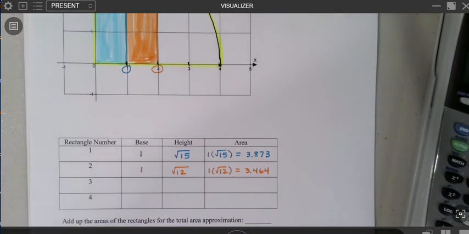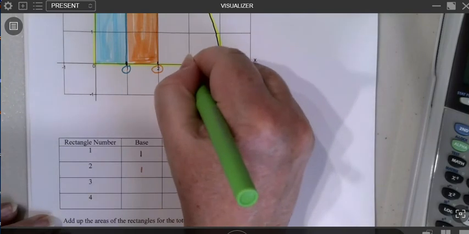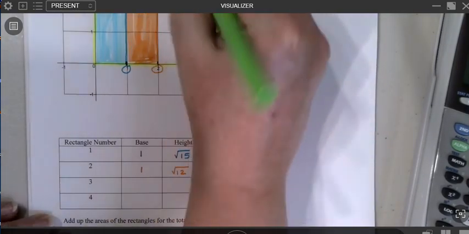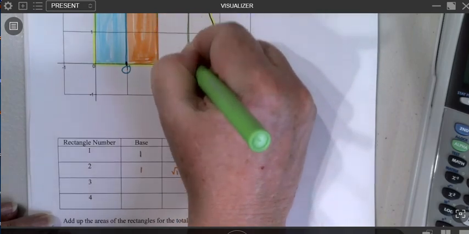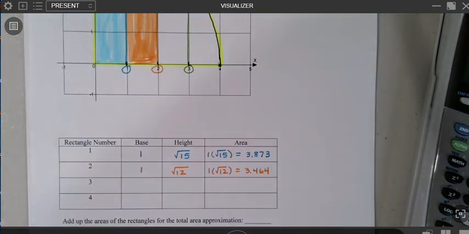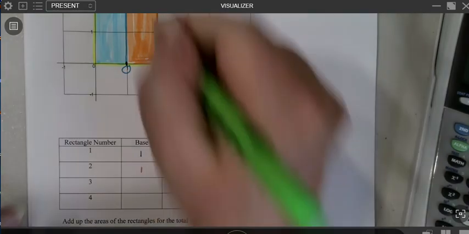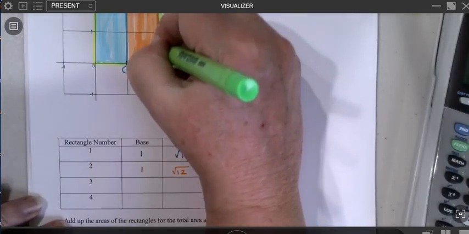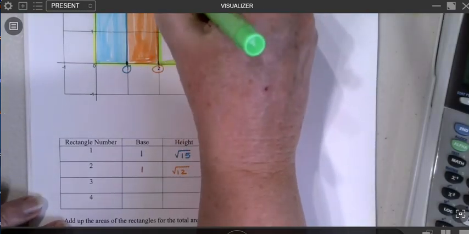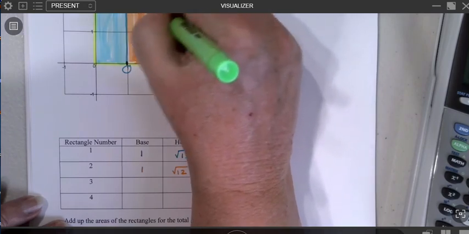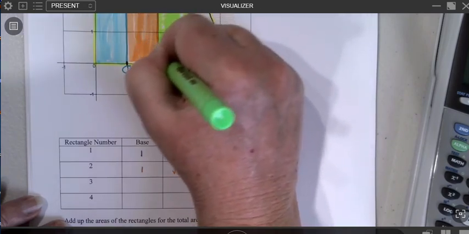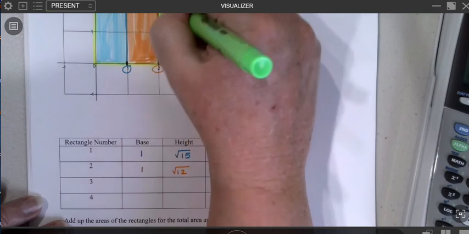All right, my next one goes from 2 to 3, and again, I want to use that right endpoint this time to level off my rectangle. And I'm now missing quite a bit of area that should have been under the circle, but as we saw before, that happens. We know already that when we start using more rectangles, it'll get better.